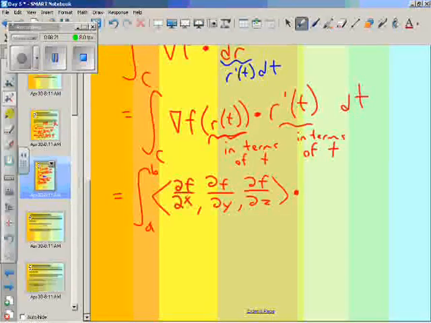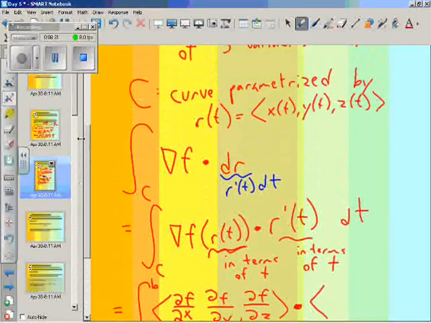Okay? And then let's also expand out what r prime of t is going to look like. So remember, we said that r of t is just this vector x of t, y of t, and z of t.